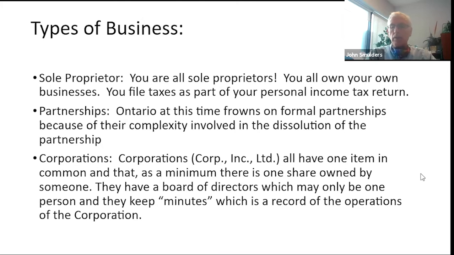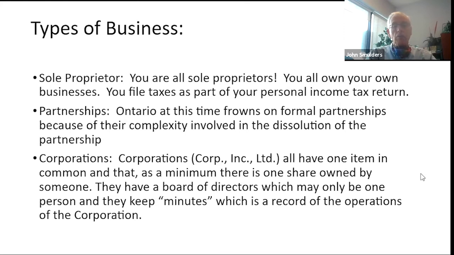It'll be very, very rare in commercial today that you will find a buyer as a partnership. Actually, you'll probably have a better chance of finding a seller as partner because it was set up as a partnership years and years ago. Most people today do not do partnerships. Ontario really frowns upon it.